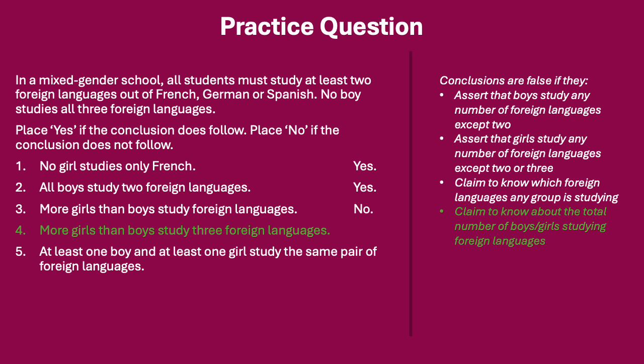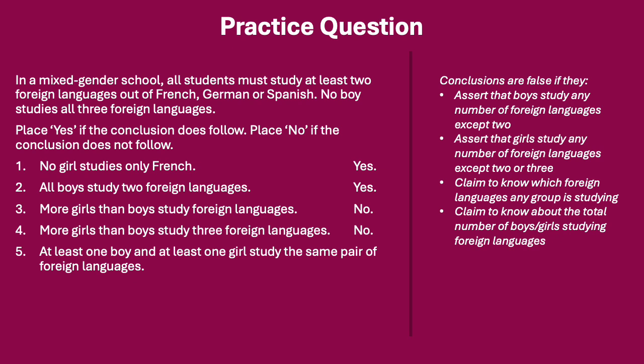However, that would be a mistake. The fact that all girls study either 2 or 3 foreign languages means that there's a chance that all girls study 2. Admittedly, it's a slim chance, but it's still possible. And the truth remains that on the right-hand side of the page, we've written conclusions are false if they claim to know about the total number of boys or girls studying foreign languages, and that is what this conclusion is doing.